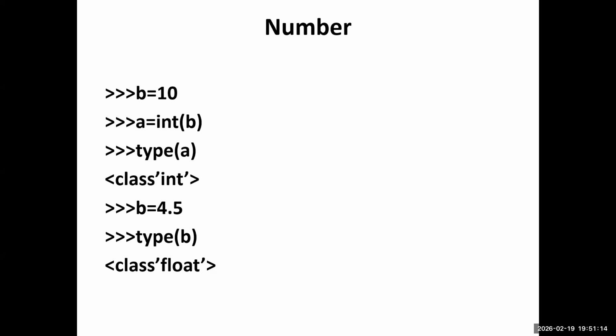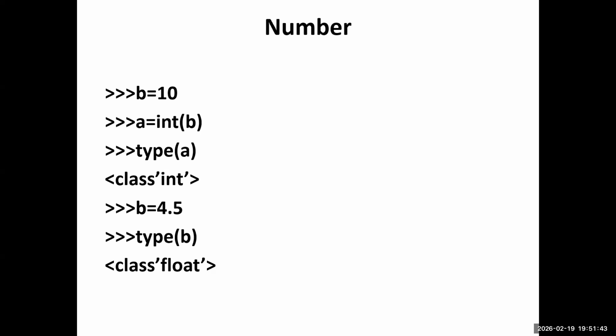So what is meant by number? We know very well about that. It may be a fractional number or an integer number. Integer means a whole number will be assigned to the variable. Then a equal to int of b. In Python, whatever value you assign goes into the variable.